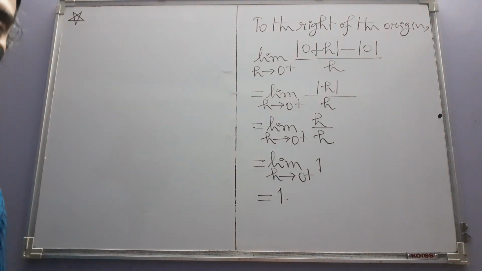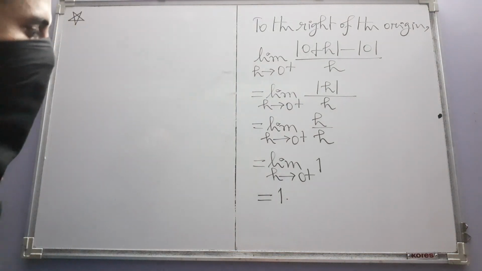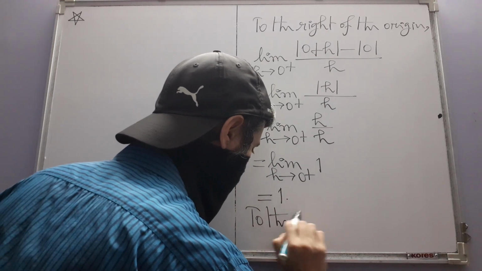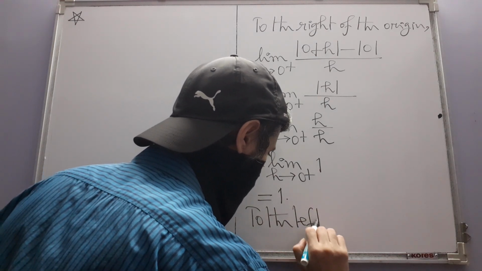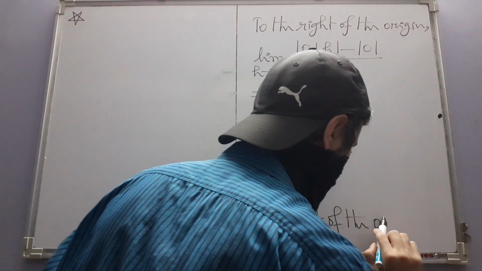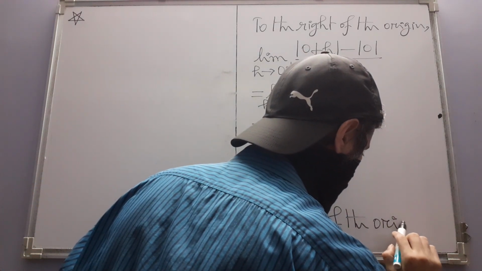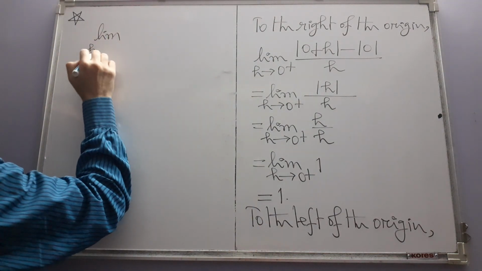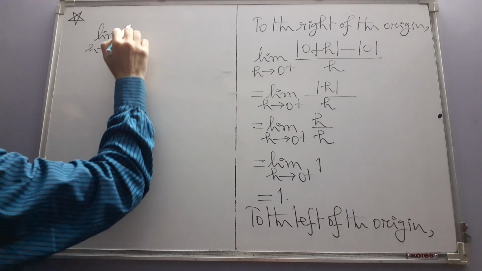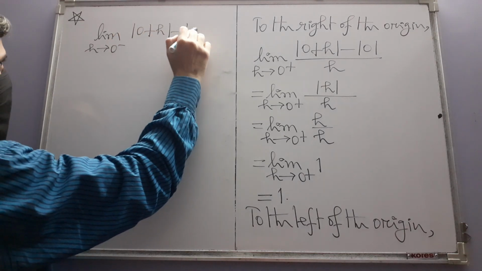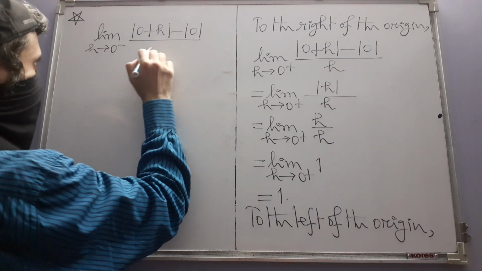However, we won't have the same value to the left of the origin. To the left of the origin means here we are going to consider the left hand derivative of the function at 0.